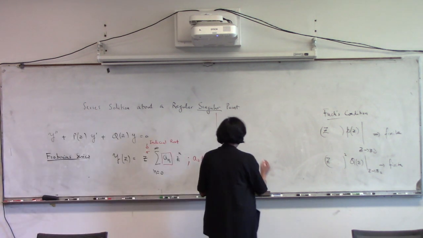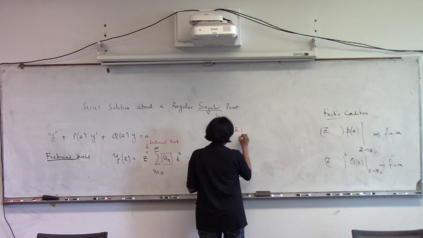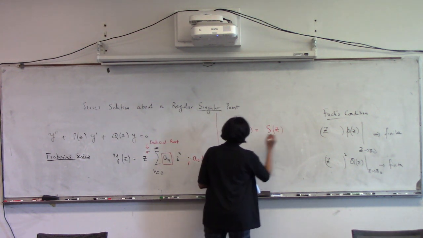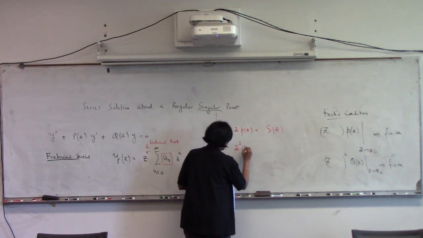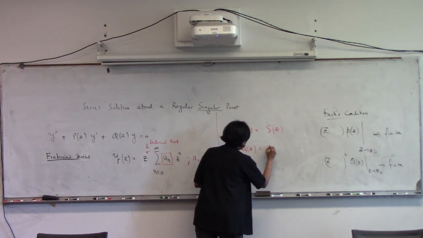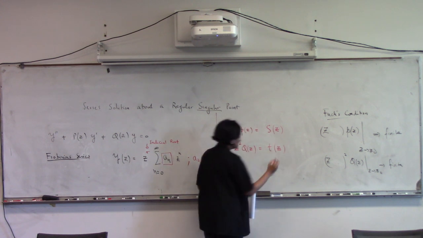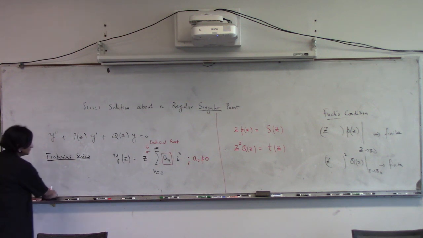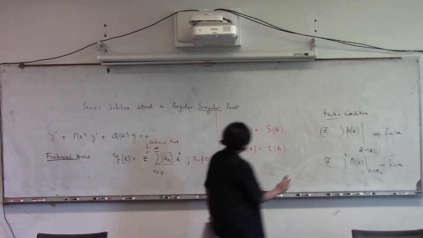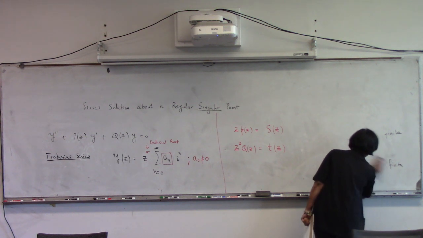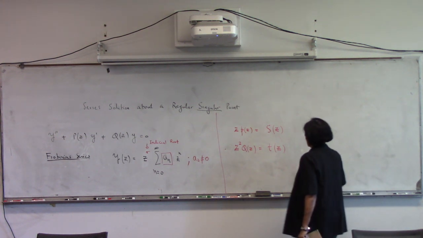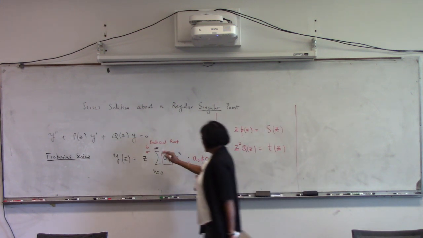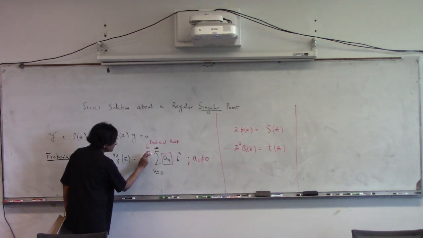All right. I'm going to call this quantity z times p of z another function s of z, and z square q of z I'm going to call t of z. So I'm going to first devise a method for calculating sigma.